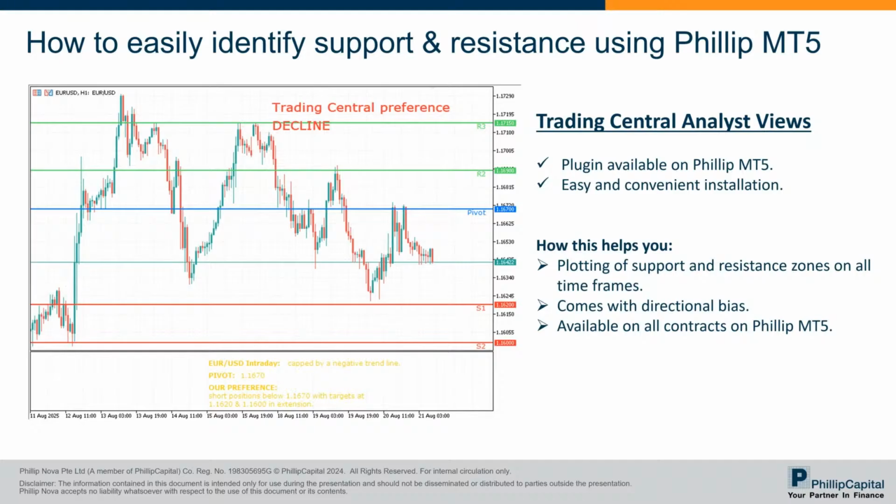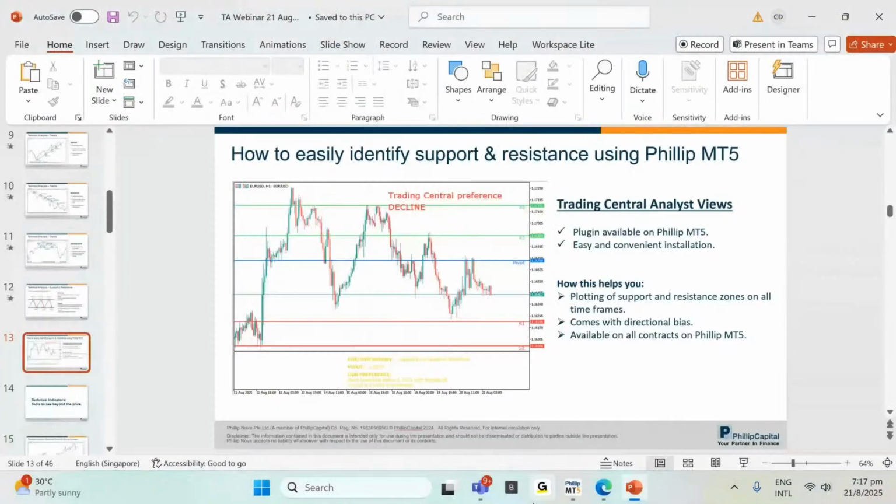Is it more of a bullish bias or is it more of a bearish bias? And if you observe, some of these lines that they draw connect some of the highs, touch the high, and some are very near to the swing low areas.